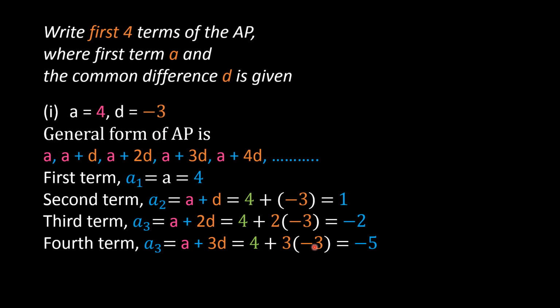So 3 3s will be minus 9, plus 4, it will be minus 5. So the first 4 terms of the AP are 4, 1, minus 2, minus 5. Next example, for the following AP.